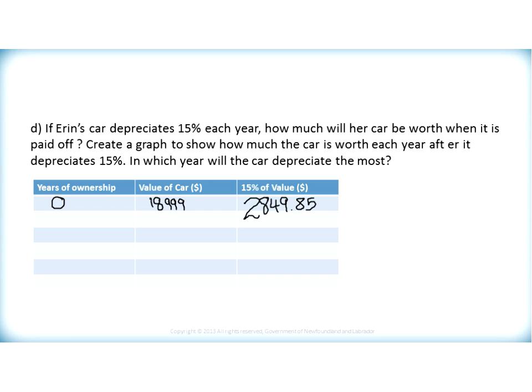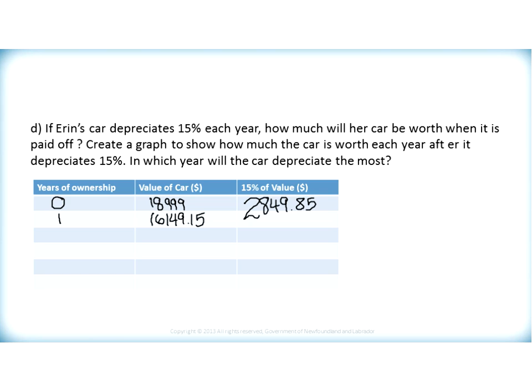So in year 1 of ownership, she's going to have $18,999 minus the $2,849.85 that she lost in the value of the car. So minus 2,849.85 equals, now the value of her car is going to be $16,149.15.